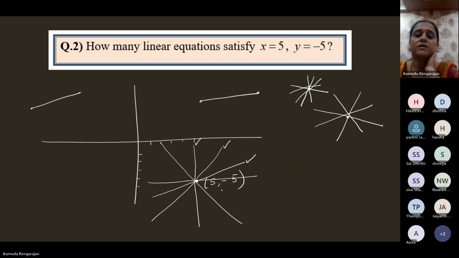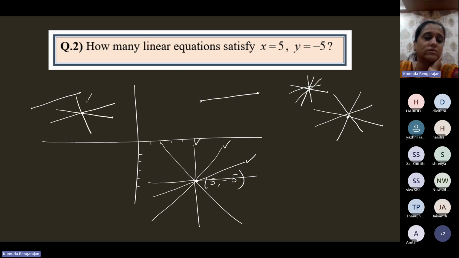Yes. Now, we know that when you're given this point, you can draw many lines passing through this point. Is this true? Can we draw infinitely many lines passing through a given point? Yes, ma'am. Okay. Now, this point 5 comma minus 5 lies on this line, correct?